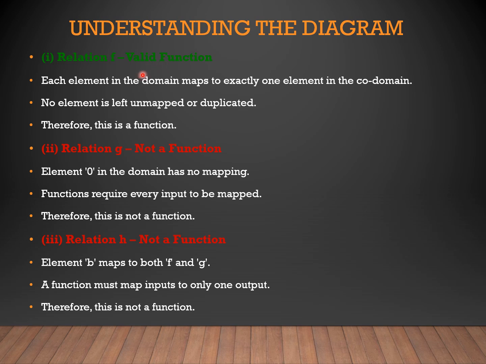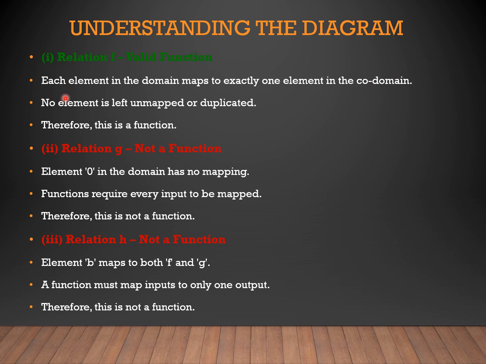The domain is the set that contains the inputs, the set that contains the objects, and it is normally represented as X. And let's go to the codomain. The codomain is also the set that contains all the possible images, the possible outputs.